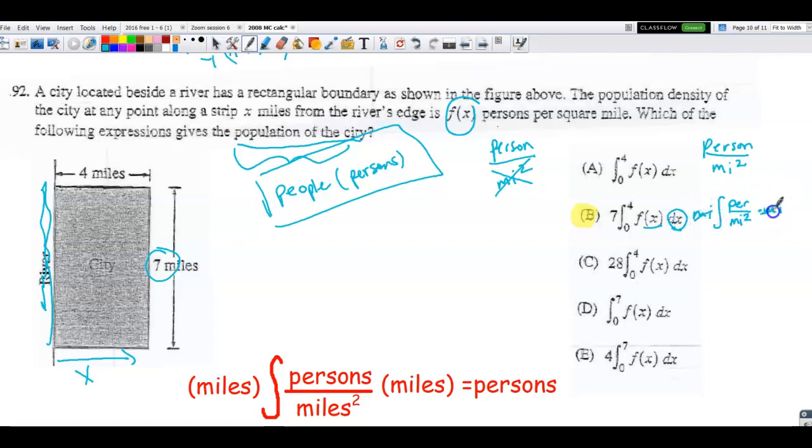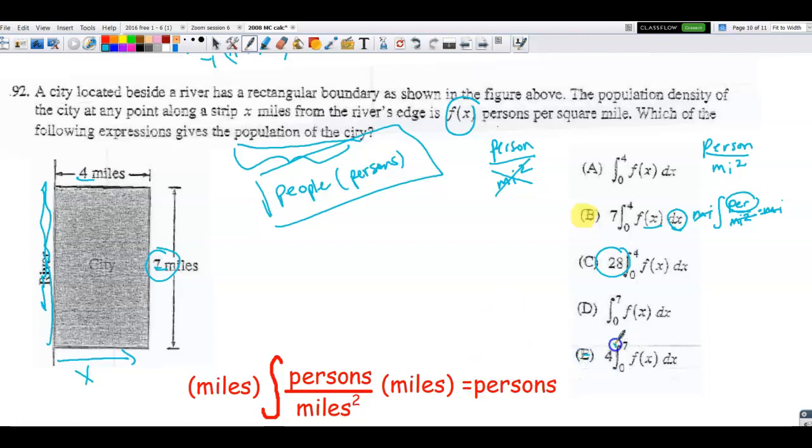So miles, miles, and mile squared divide out, leaving us with persons, so we have letter B. 28, if you're wondering, well, why couldn't it be 28? Well, that's multiplying 4 miles times 7 miles. That gives me another mile squared, so the units won't undo each other.